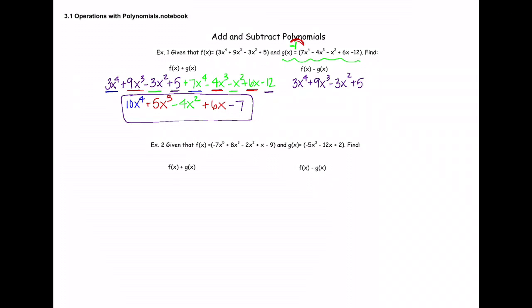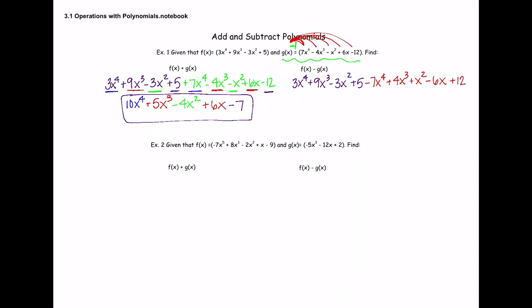So negative 1 times 7x to the fourth is negative 7x to the fourth. Negative 1 times negative 4x cubed gives us positive 4x cubed. Negative 1 times negative x squared gives us positive x squared. Negative 1 times 6x gives us negative 6x, and negative 1 times negative 12 gives us positive 12.